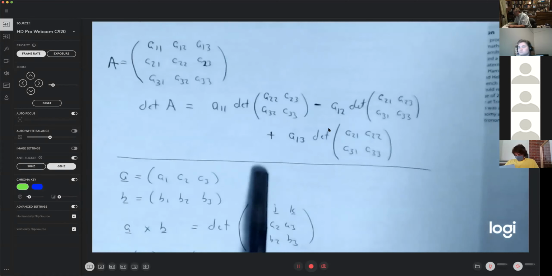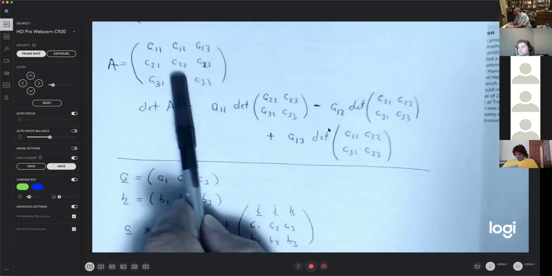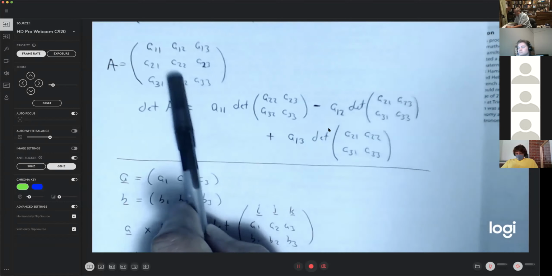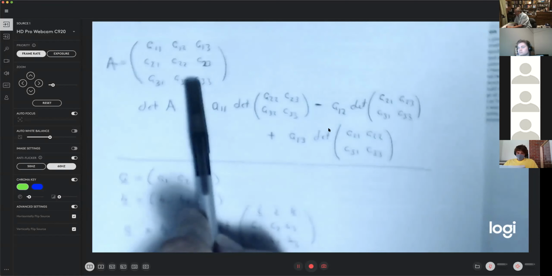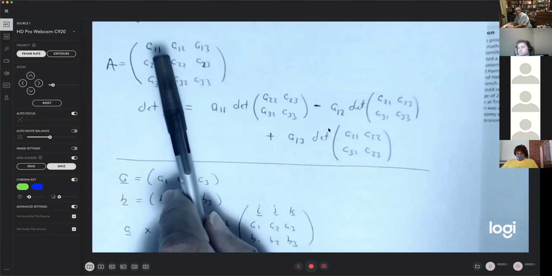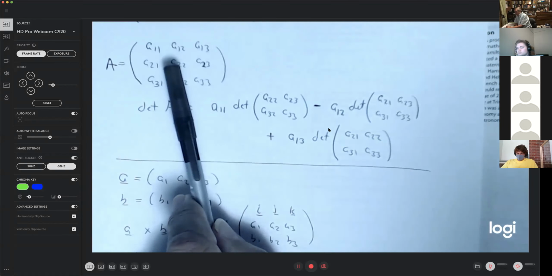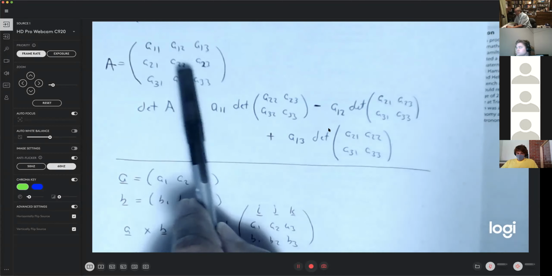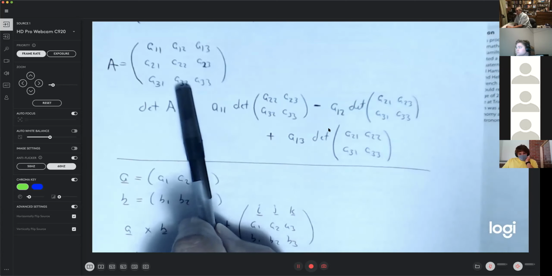Basically, I'm going to explain anyway, but just for 3x3. What you want to do with a determinant is figure out all the ways to write something from one row and one column times something from a different row and a different column times something from a different row and a different column.